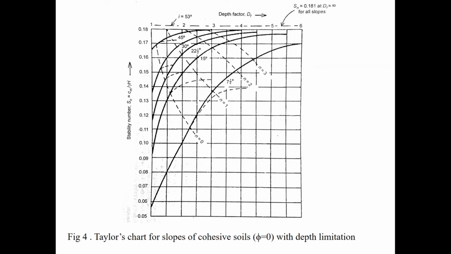So the first part of the question is over: determine from Taylor's charts if a 30-degree slope is safe or not. Is it safe? No. Now we have to find out, for a factor of safety of 1.5, what is the safe angle of slope, right? So for that, what will you do? Now you have to back calculate, right?